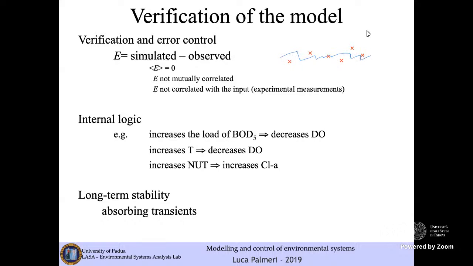If this is not the case, for example, if the output of my model is doing something like that, then there is, of course, what is called a systematic error that is causing a non-negligible deviation of the behavior of the model.